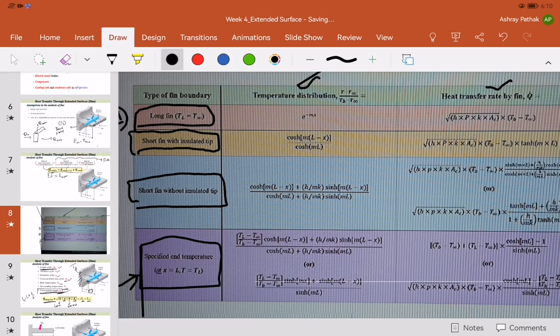So let me introduce you to some case studies so that we can find out which formula is to be used when solving these problems. Before we proceed, you may also refer to this formula sheet on the Moodle. The formula sheet is available on the Moodle, and you can download it from there.